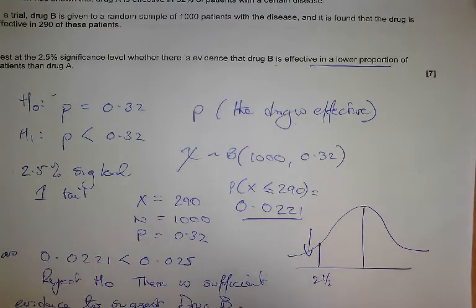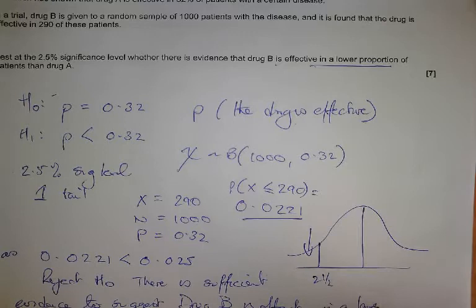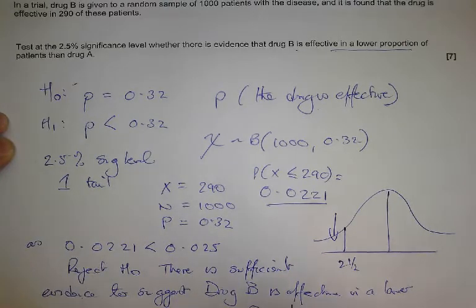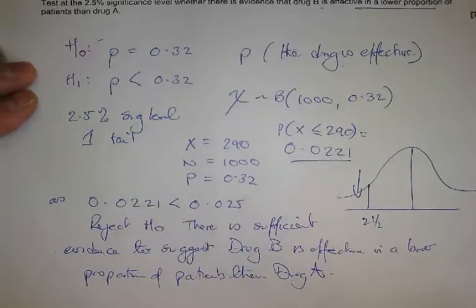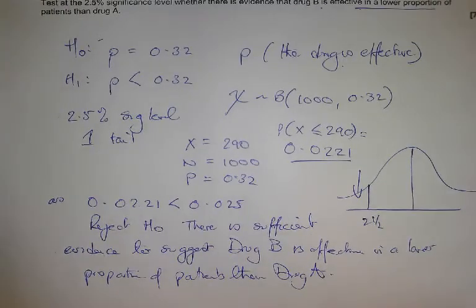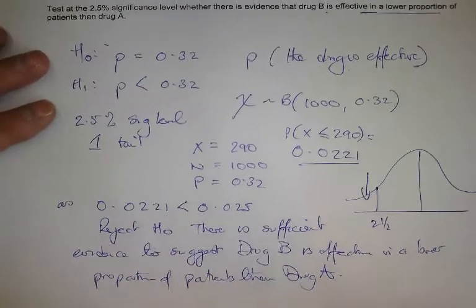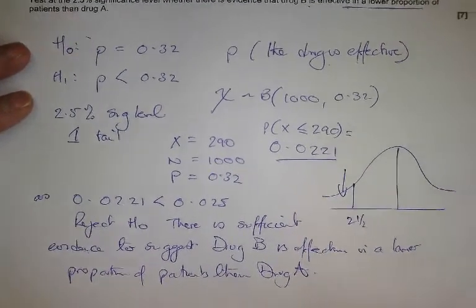So you say is effective in a lower proportion of patients than drug A. And that's the phrase you have to always write. You've put it into context, you've explained it all, and that will give you your full 7 marks. So that's how you do that one.